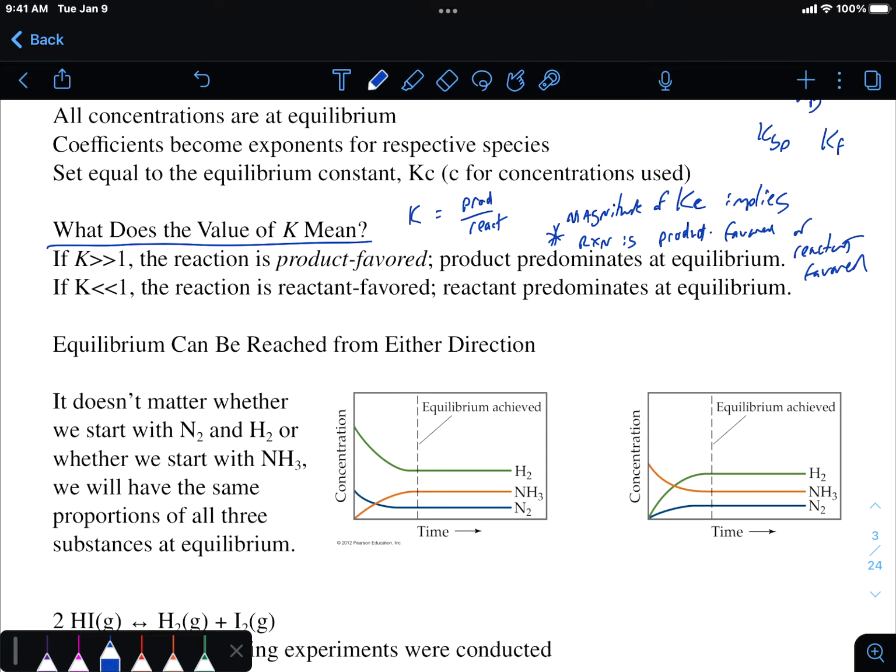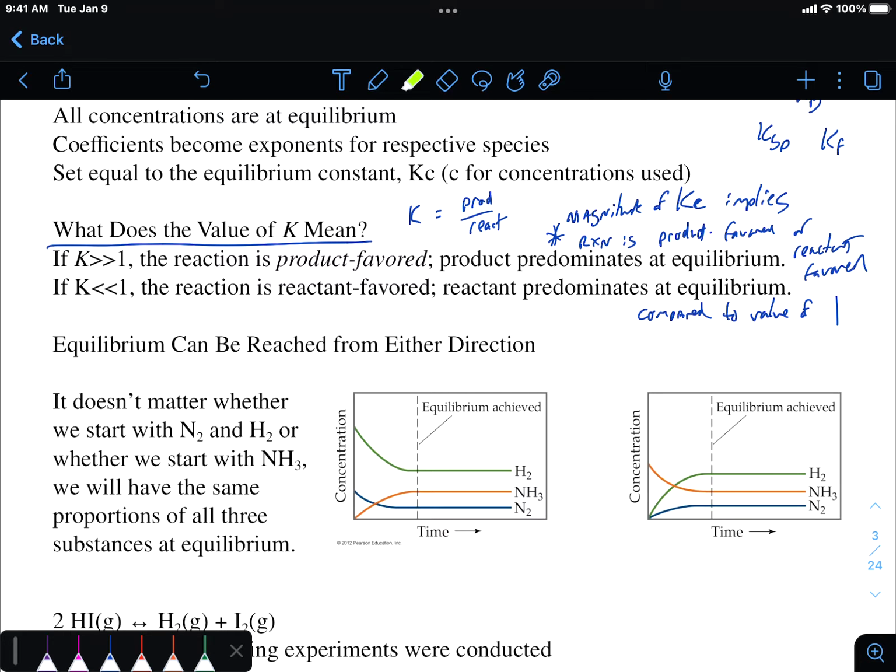In general, you're going to use the value 1 as the benchmark. Is it greater than 1? Is it less than 1? That's how you're going to decide.